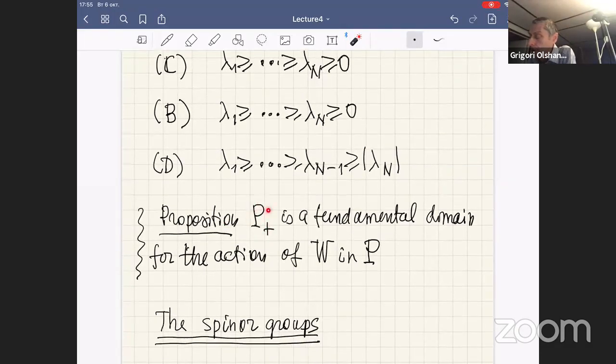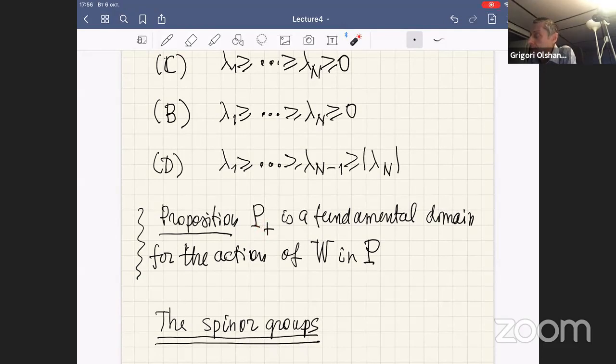So the set of dominant weights is exactly a fundamental domain for the action of a Weyl group on this lattice. So what does fundamental domain mean? This means that any element of the lattice can be moved to this subset under the action of a Weyl group. Any orbit intersects this set exactly at a single point.